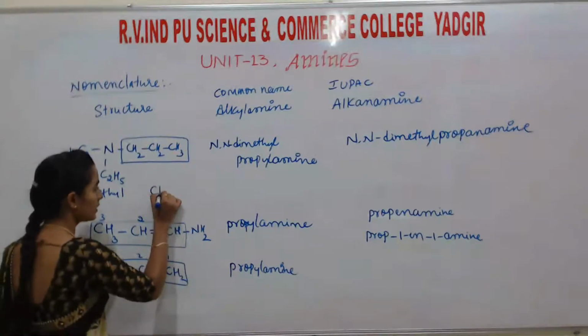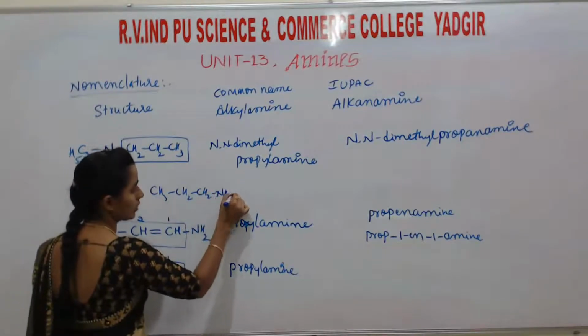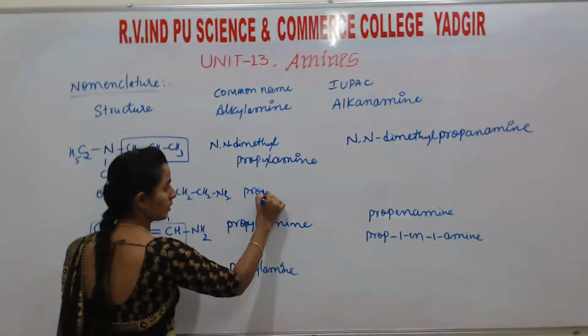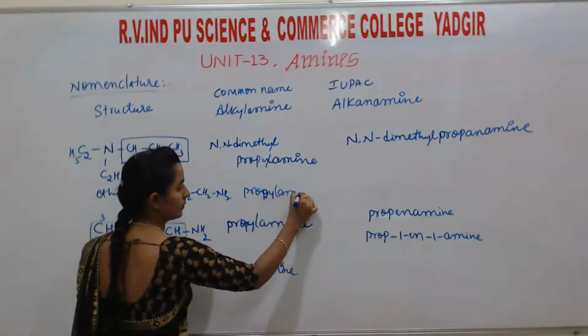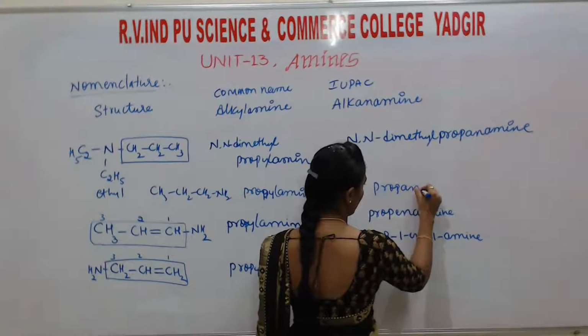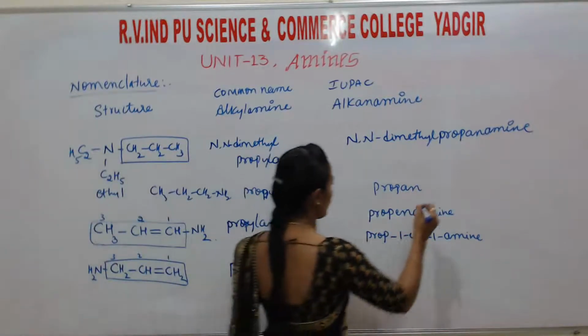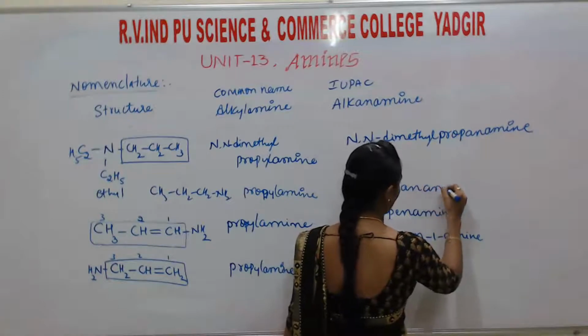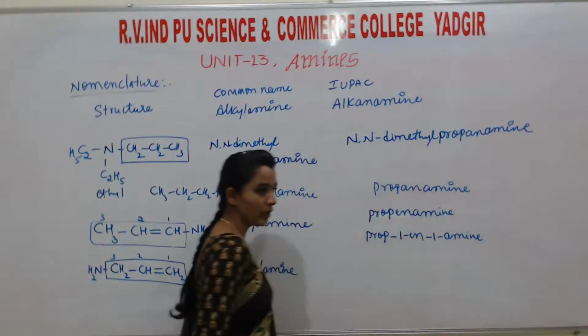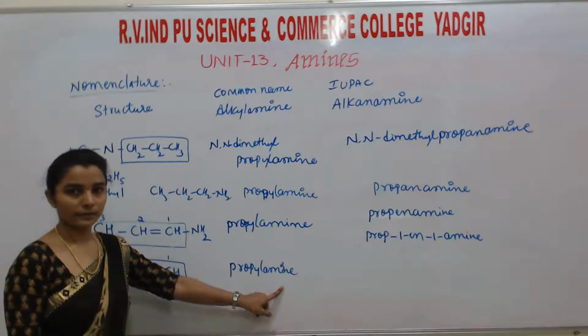I write here CH3, CH2, CH2, NH2, called propylamine. But here it is propyl. Okay, so this is also propylamine. This is also propylamine.